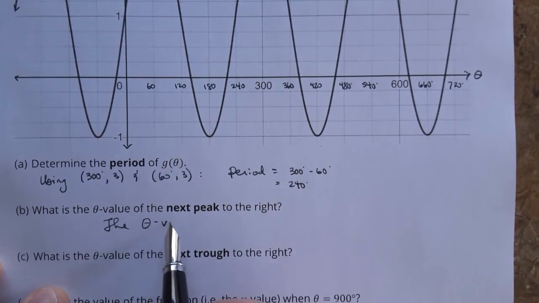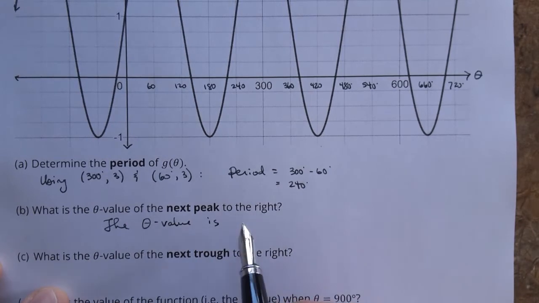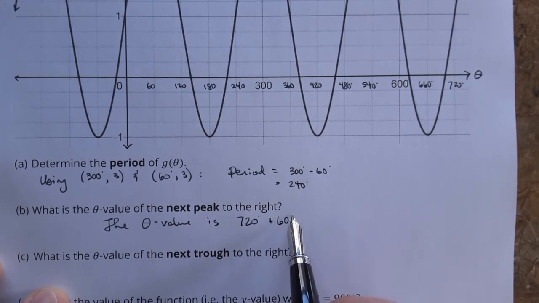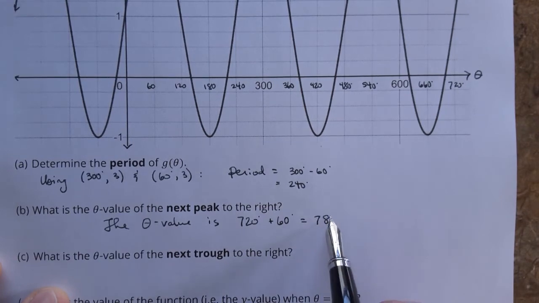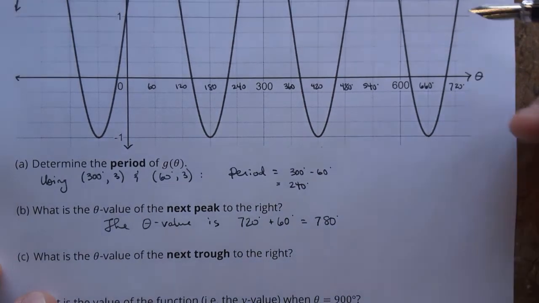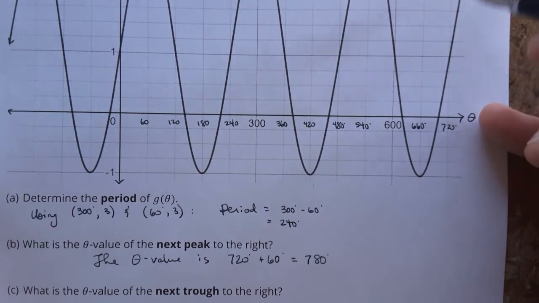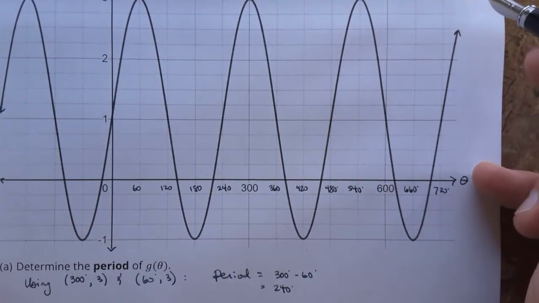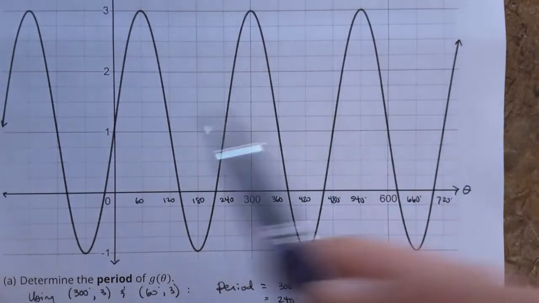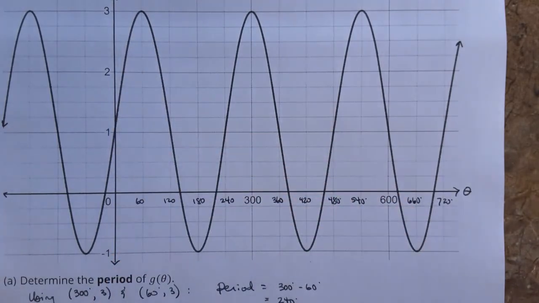The theta value is, I'm going to write down how I got it, 720 plus 60 degrees is 780 degrees. Once again, that's using a point that I can see on the graph and finding my way past it to the matching point using an earlier cycle for reference.